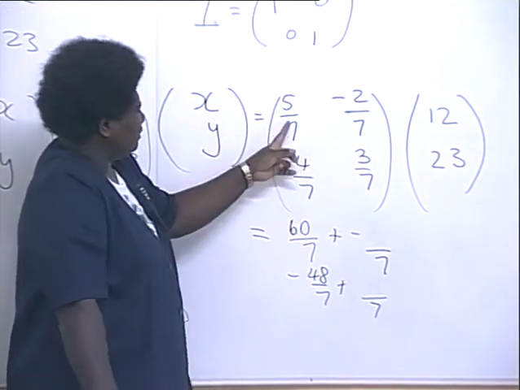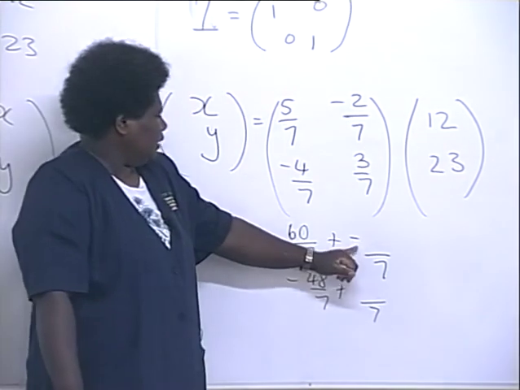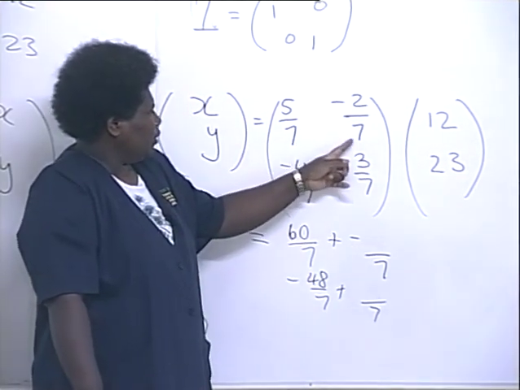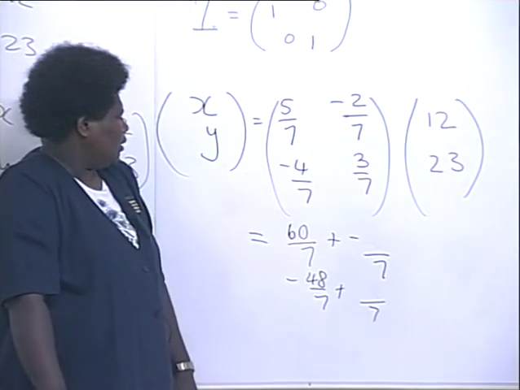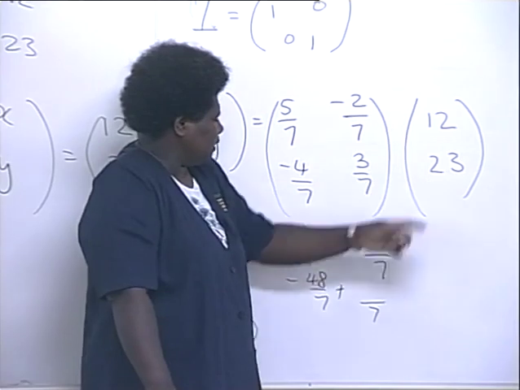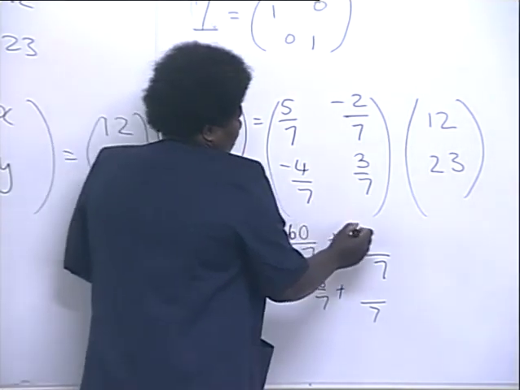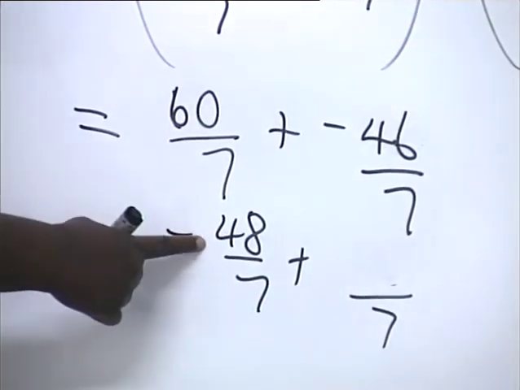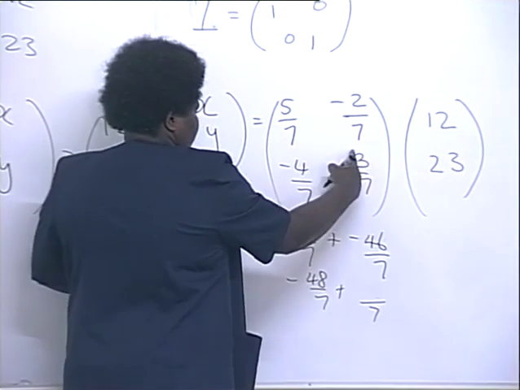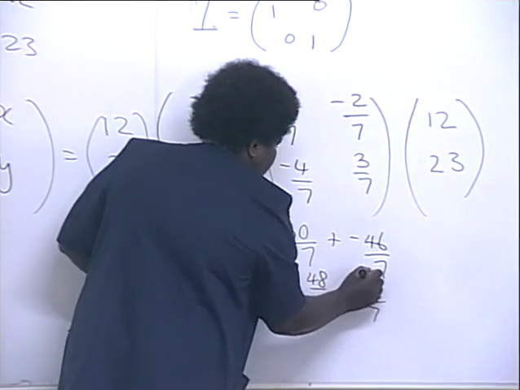Okay, 60 on 7, that's this times this, and then minus 2 on 7 times 12. Oh, this multiplied by this. Negative 46, and this one by this, and then 3 on 7 by 23, okay, 69.